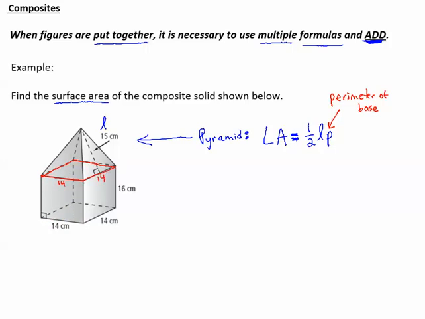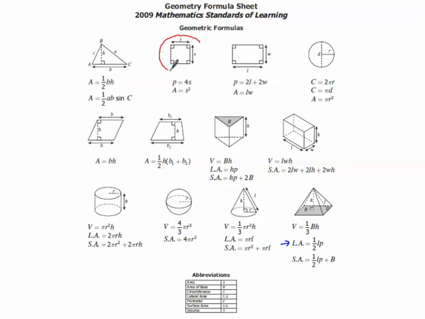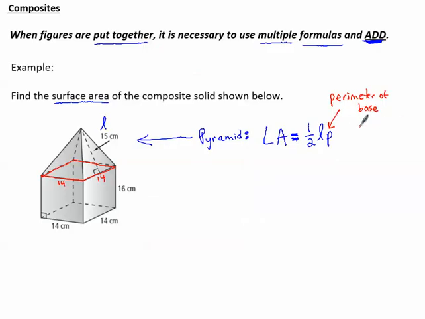which makes that a square. So looking back at our formula sheet, we're calling the square at the top, we want the perimeter formula P equals 4S, where S is the length of the side. So we're going to use that formula, P equals 4S, and the S is 14. So P equals 4 times 14, therefore P equals 56.